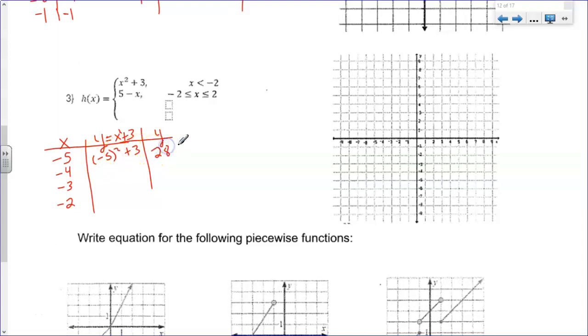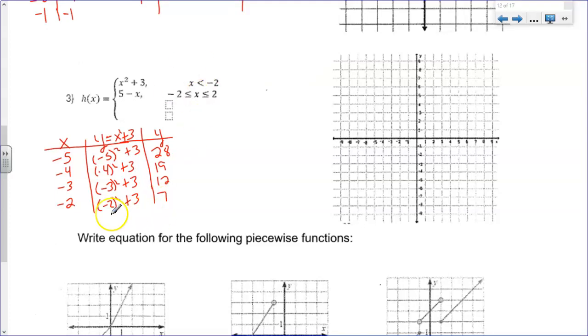Most likely that's not going to graph on my graph. Okay, then I'm going to have negative 4 squared plus 3, and that's going to be 19. Negative 3 squared plus 3, and that's going to be 9 plus 3 is 12. And then negative 2 squared plus 3 will give me 7. Okay?